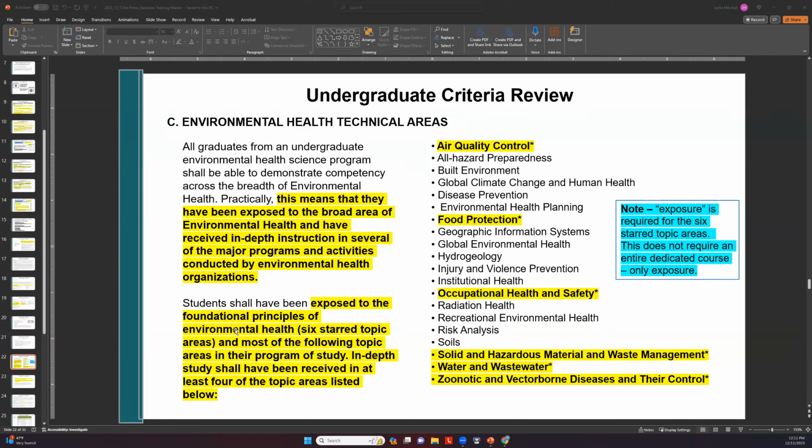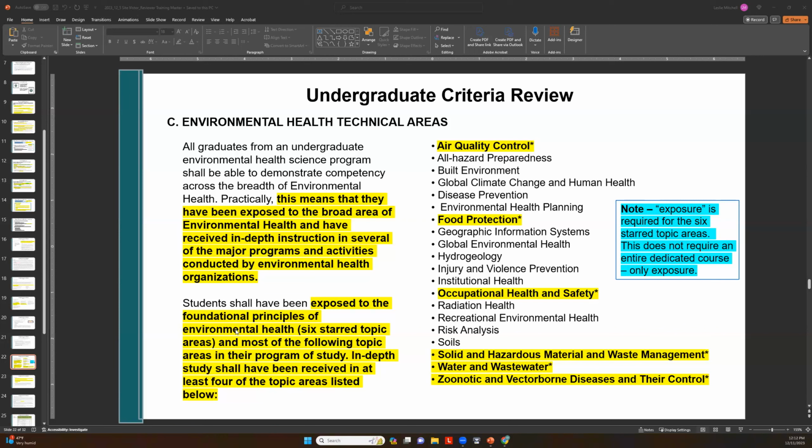So these are the technical areas. The environmental health science program shall be able to demonstrate competency across the breadth of environmental health. Practically, this means that they have been exposed to the broad areas of environmental health, which are highlighted in yellow, of the major programs and activities conducted by EH organizations.